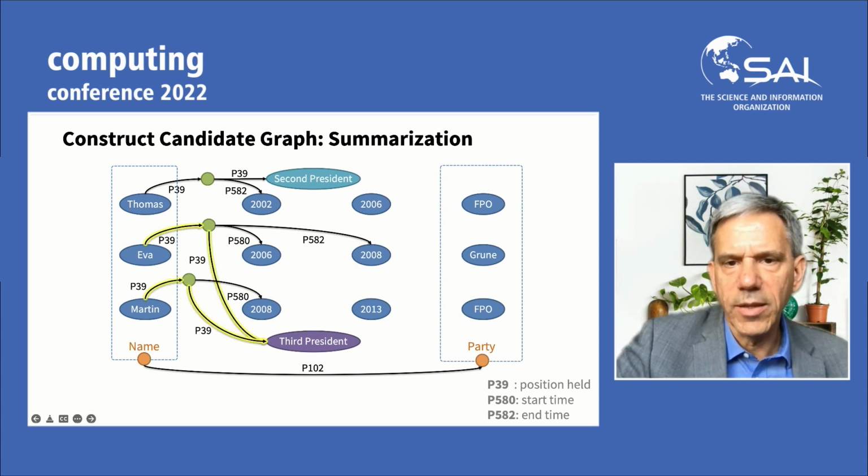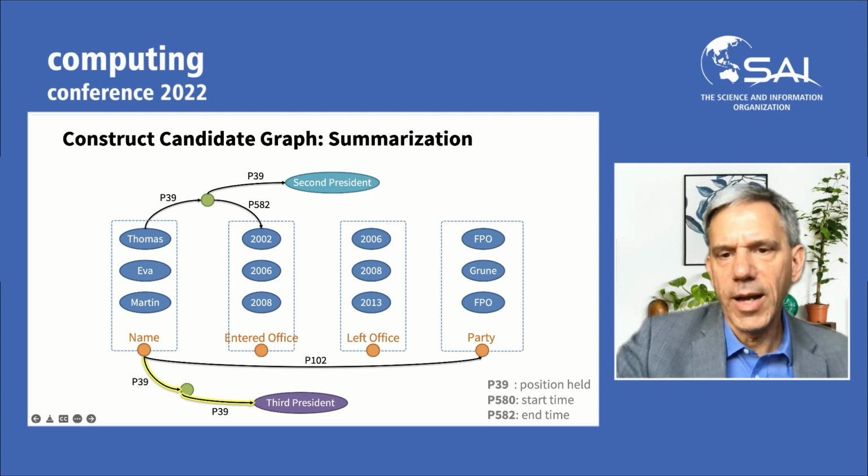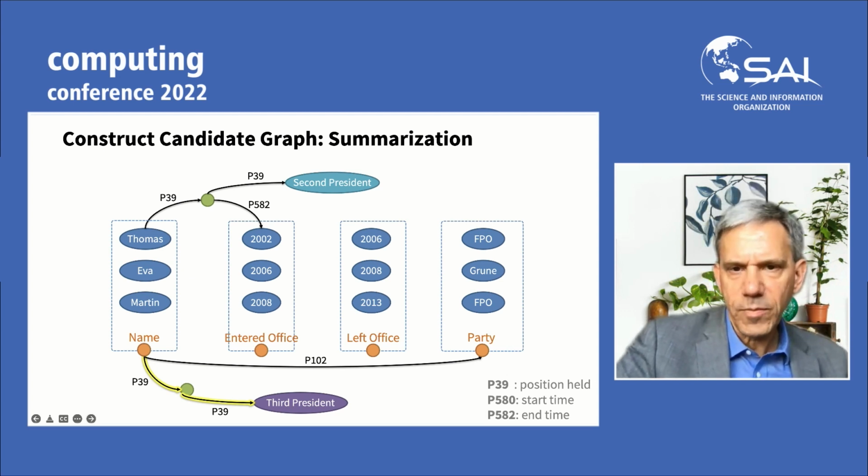So we can take the information here that Eva and Martin are both linked to the third president. And again, we can sort of consolidate that information and sort of here show this relationship. Likewise, that Thomas related to second president. But notice that because of the second president, basically only one of the years gets covered, right?